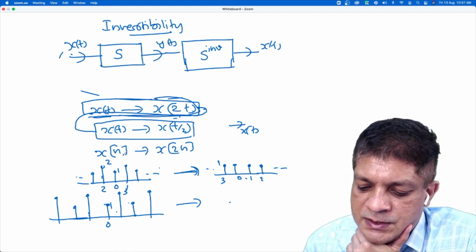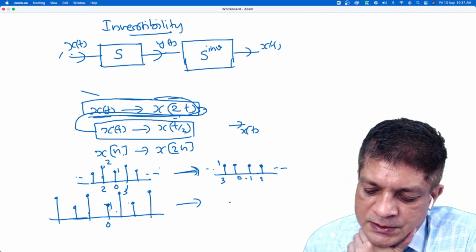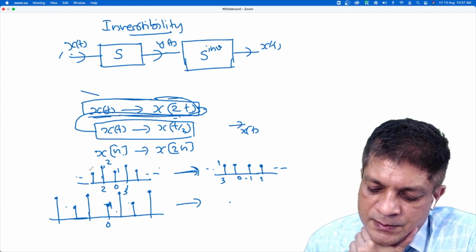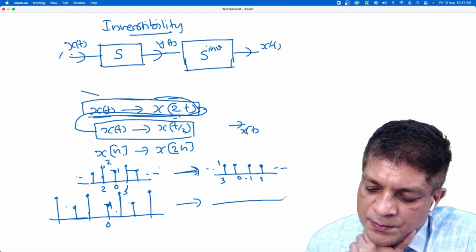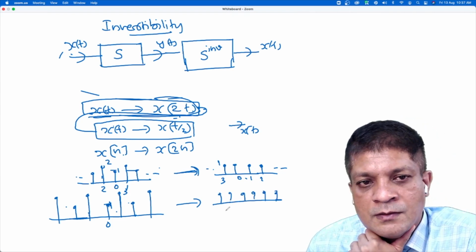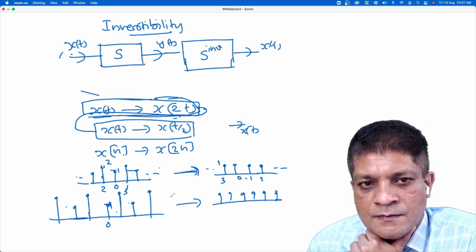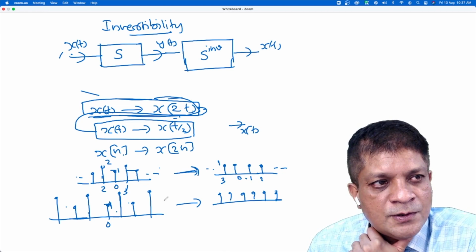If you are giving this as the input here, even-numbered samples are 1 only, same as this, but odd-numbered samples are 3. So what will be the output? Will you get the same output?